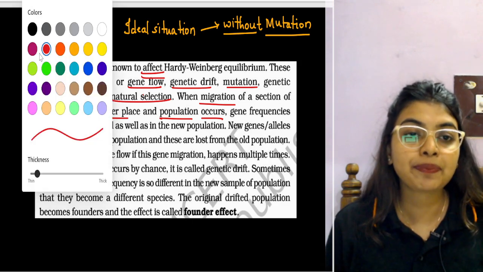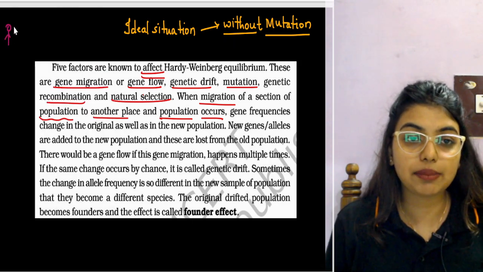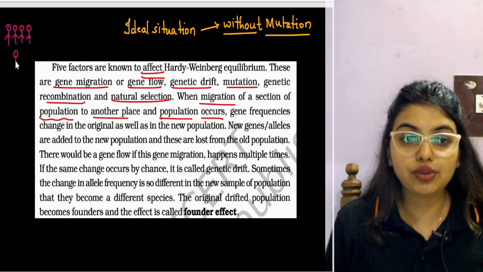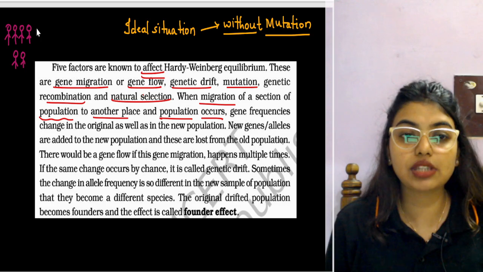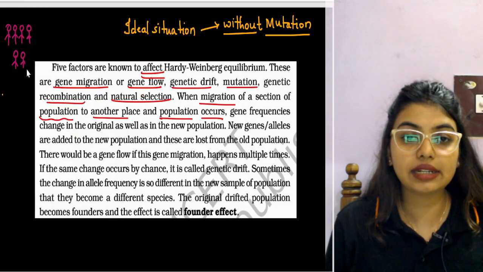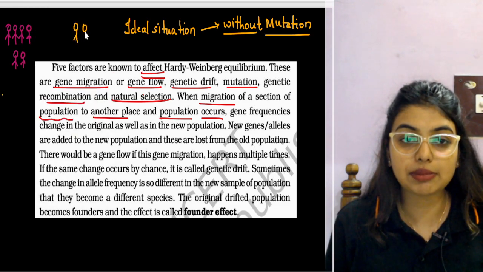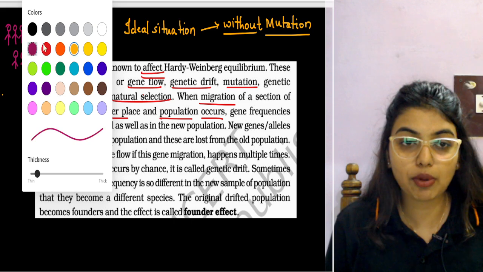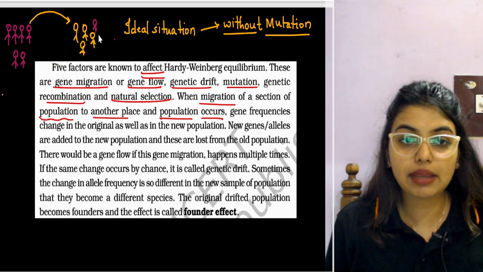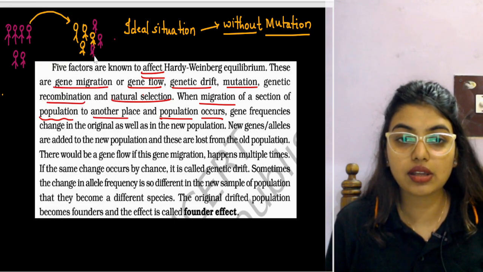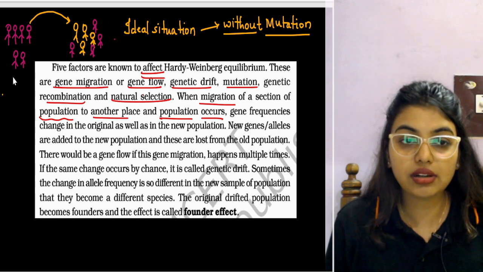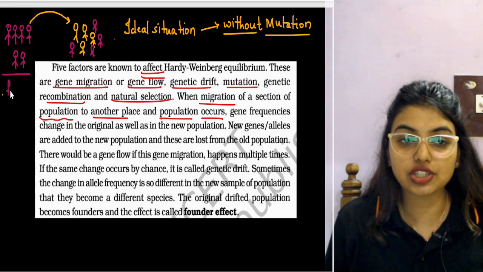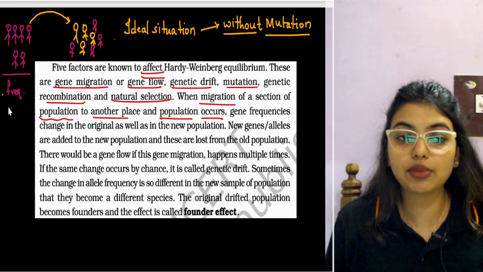Imagine we had these purple people, and due to some reason they migrated to a population where there were these other people. Since they migrated and joined this population, it became a new gene frequency. Yes or no? The frequency changed here, and this frequency is missing from the old population.